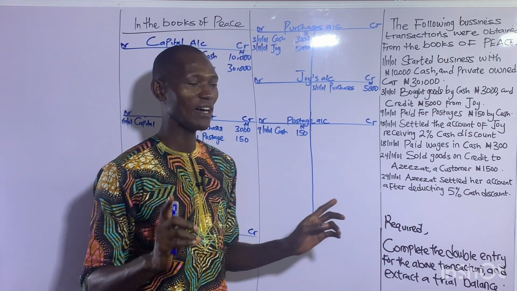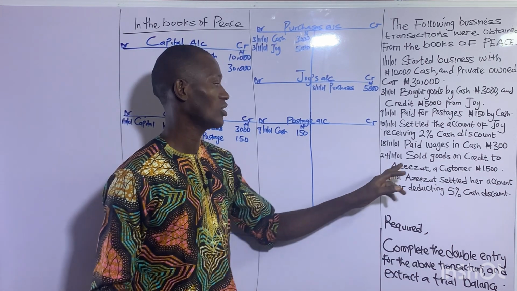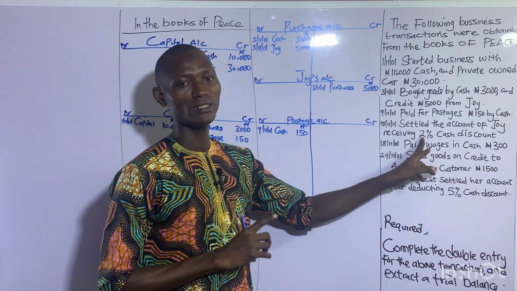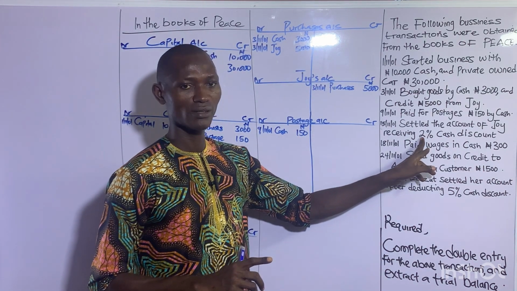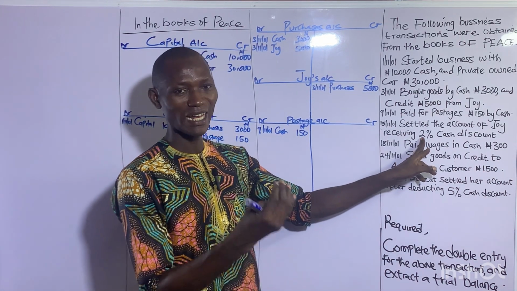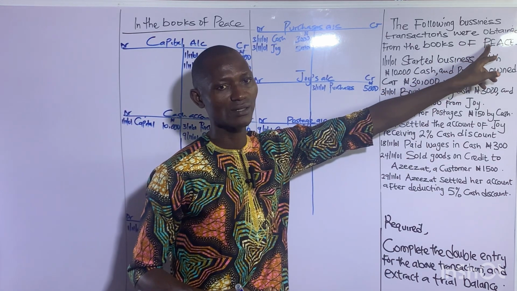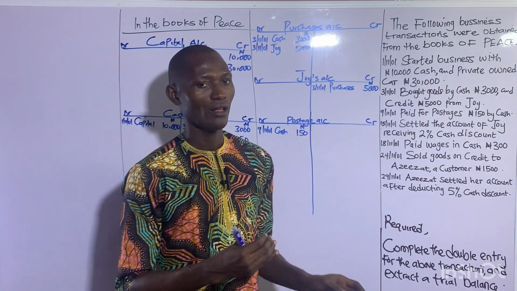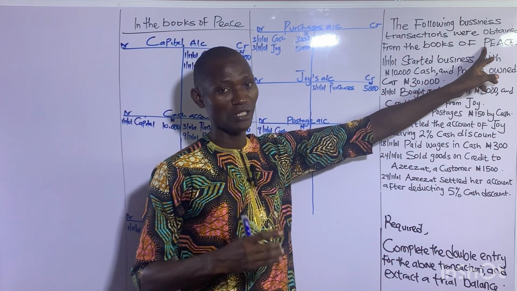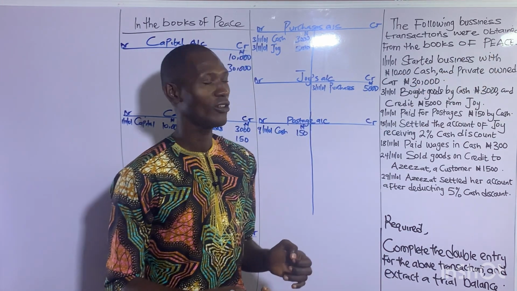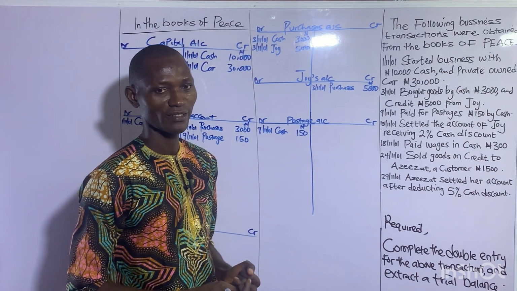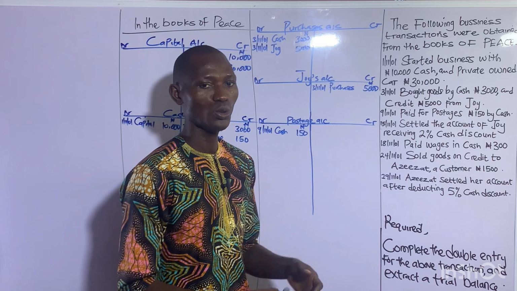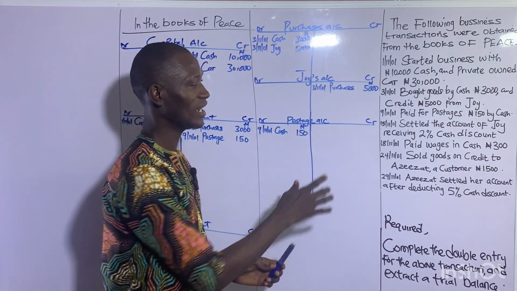Now, one thing we have to pay careful attention to here is let's calculate the discount that was allowed to Peace by Joy, or that Joy gives to Peace as discount. So let's calculate that 2%.